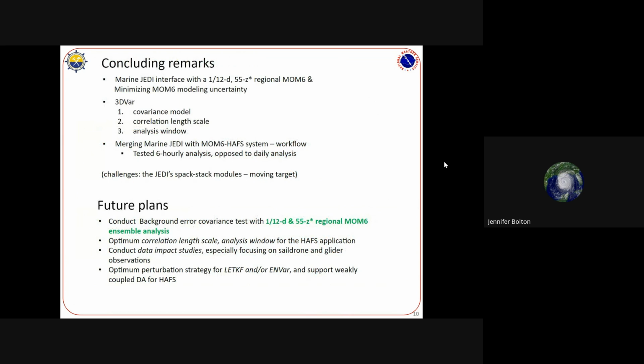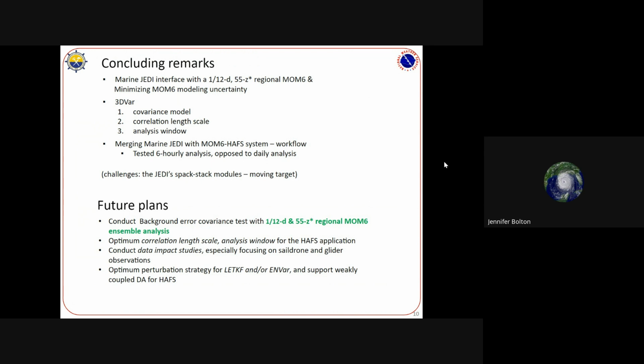Concluding remarks. MOM6 appears to have a moderate bias, especially for SST, and even subsurface temperature appears to have a negative bias. In the meantime, we have to improve the MOM6 modeling skill.